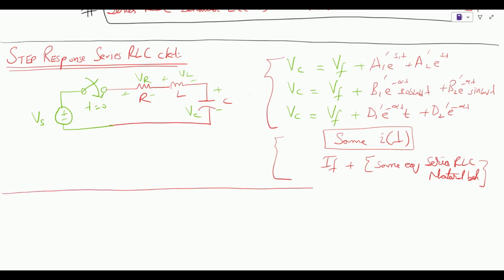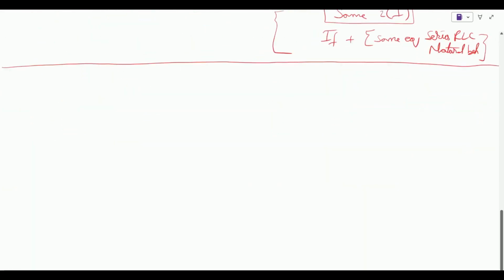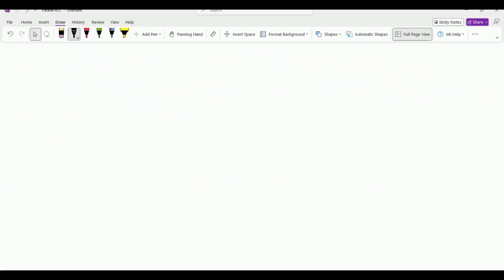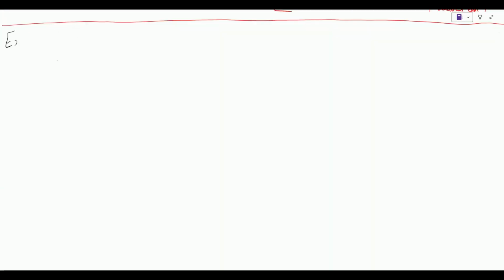To conclude this lecture, let us have a look at an example and see how we can find the series RLC behavior. So let us say we have this example with us. We have this circuit with a capacitor, a switch, followed by an inductor and a resistor.